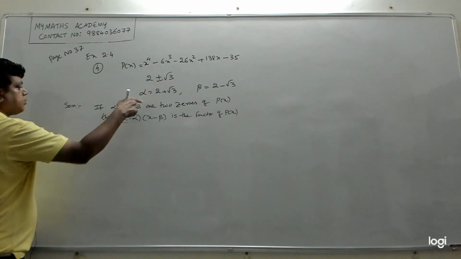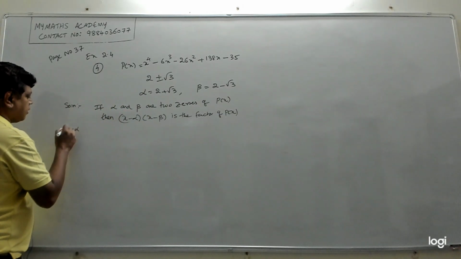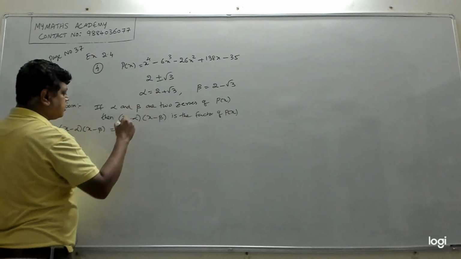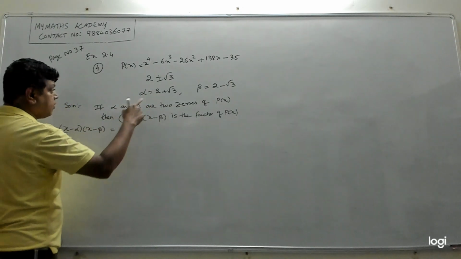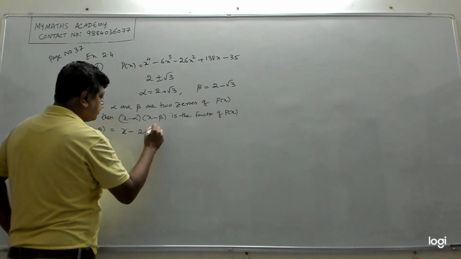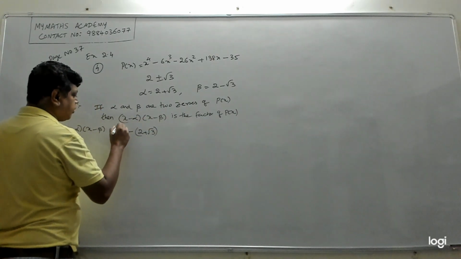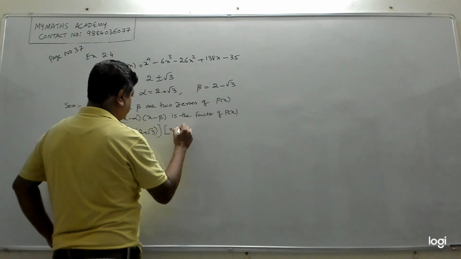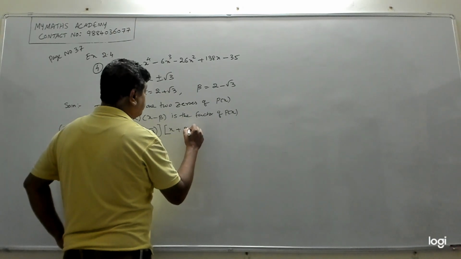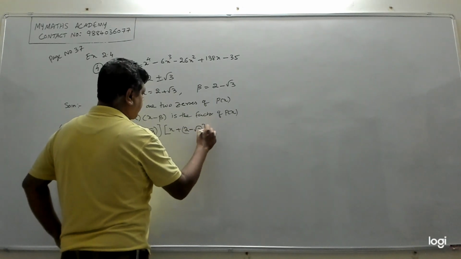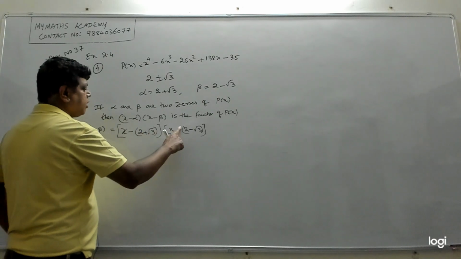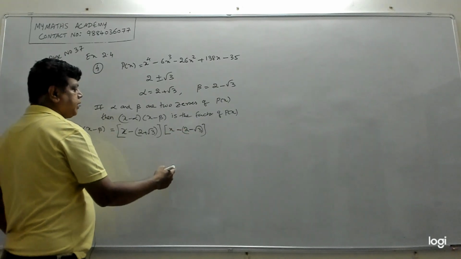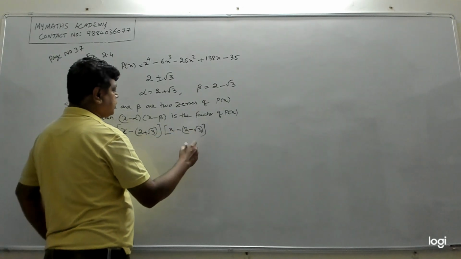So let's substitute: x minus alpha into x minus beta, where alpha is 2 plus root 3 and beta is 2 minus root 3.